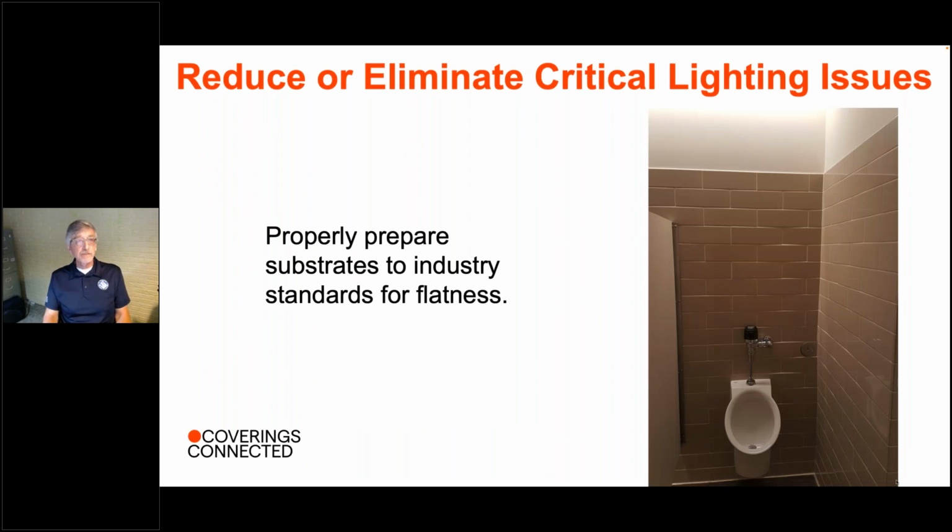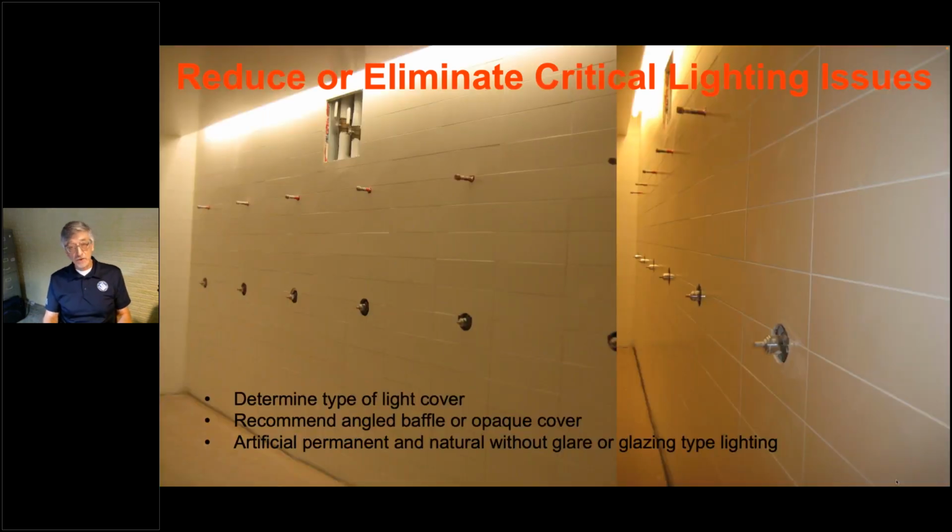So, how do we reduce or eliminate critical lighting issues? Proper substrate prep to begin with. Understanding the light source is the next critical thing. If that light source is up against the wall and we have an installation that was installed and meets the tile industry standards, like I discussed a few slides ago, and then the lights are turned on, and like in this case here, we see some shadows being cast, here's a tip.